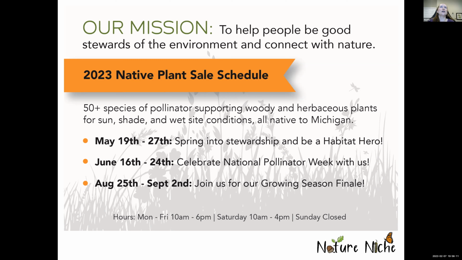Usually that availability is better later in the growing season, since they've had more time to establish. So a lot of times, if I can't get it for May, there's a chance I'll have it in the August plant sale, along with asters and goldenrods, later flowering things. And then those spring and summer flowering things are in the June sale. We time that one to help celebrate National Pollinator Week and educate people about how to support pollinators with native plants.